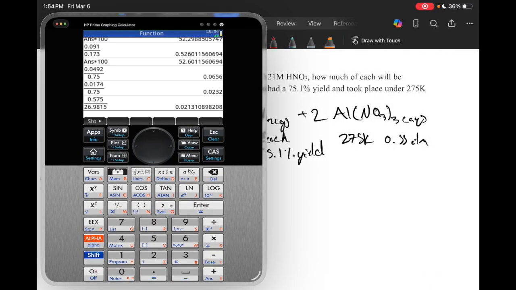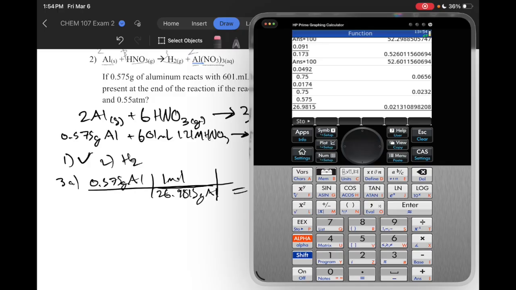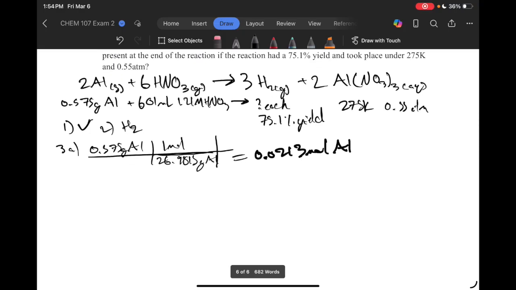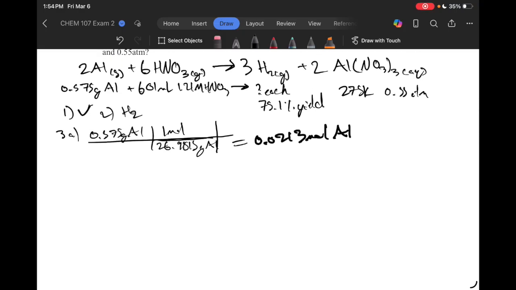That's going to give us 0.0213 moles of aluminum. Using our molar ratio, we know that for every 2 moles of aluminum, we have 3 moles of hydrogen gas.